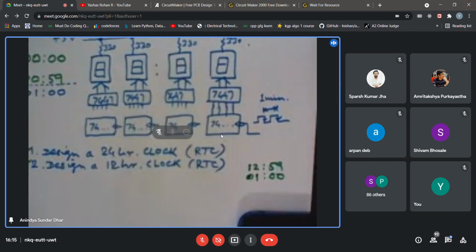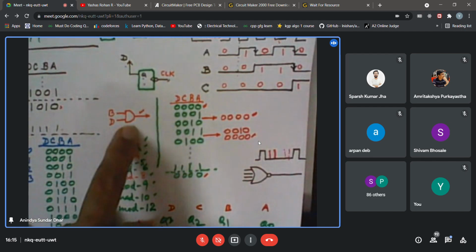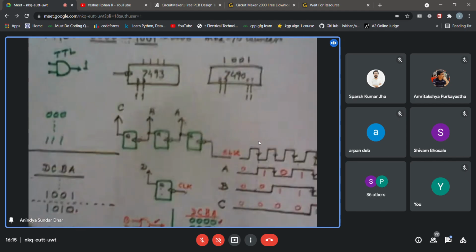So please attempt, because right now the problems are simple, so this might be a tricky problem. Another thing is that when you are solving something, try not to use unnecessary things. For example, initially it appears that for resetting we require an AND gate. I think in the previous one we had drawn that B and D we are putting together to an AND gate. Later on you realize that we can eliminate that AND gate.